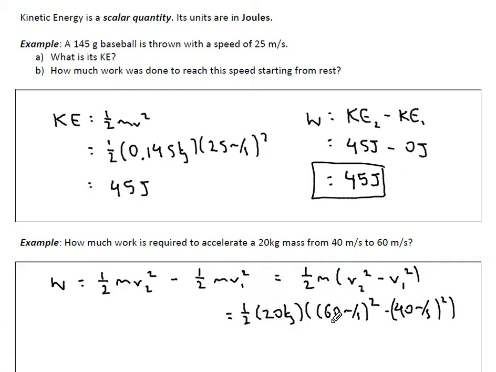It's 60 squared, which is 3600, minus 40 squared, which is 1600, so we end up with a value of 2000. Times 20 divided by 2, we get 20,000 joules, so 2.0 times 10 to the 4 joules of energy. That's our answer. Let's do one more.